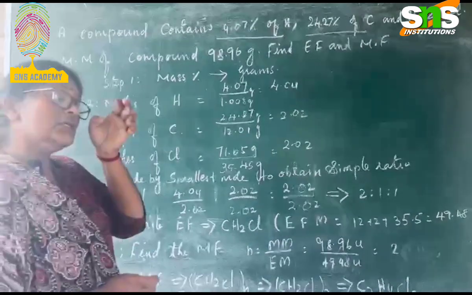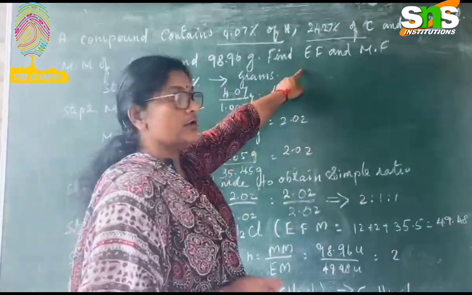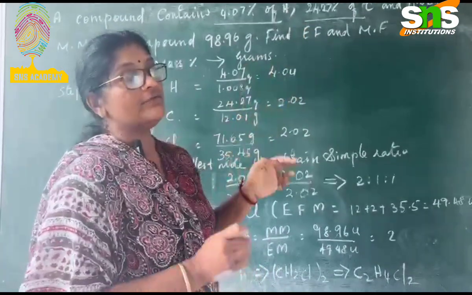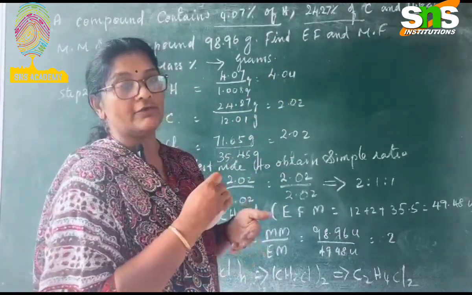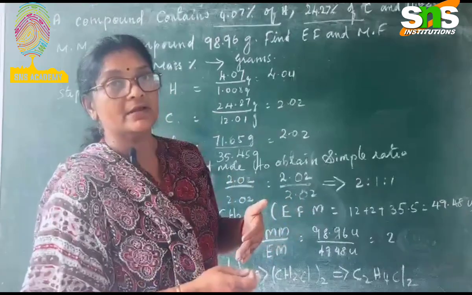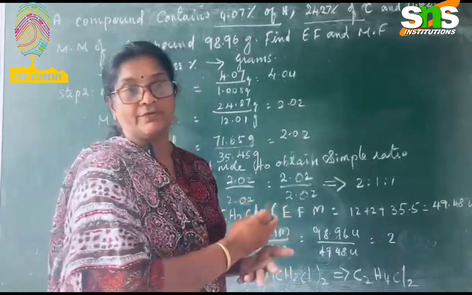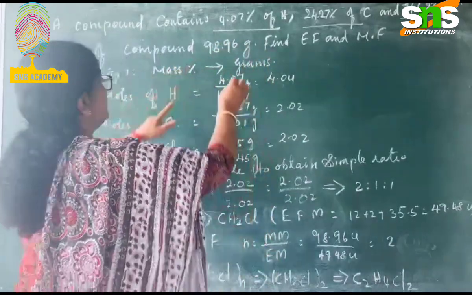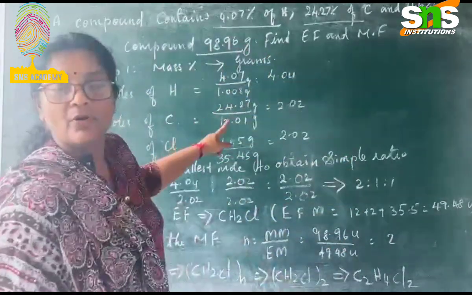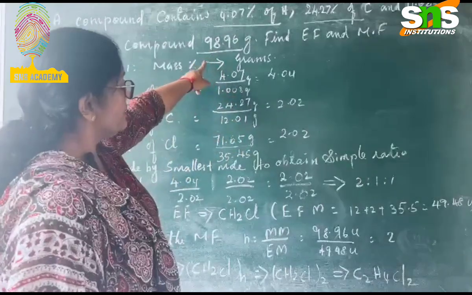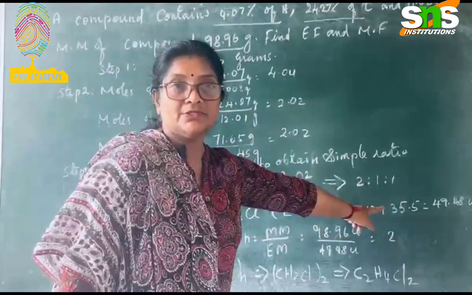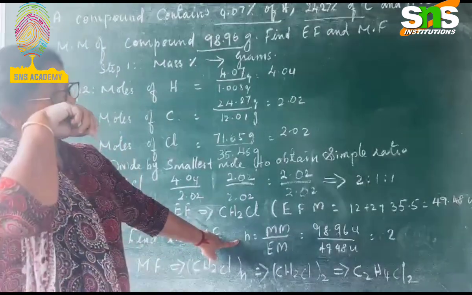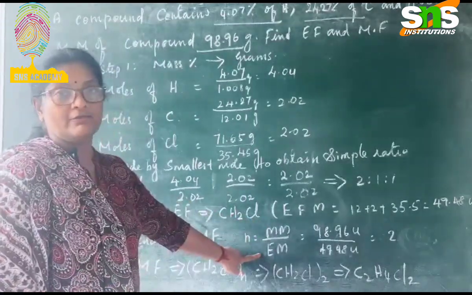So you were able to calculate the empirical formula mass as 49.48 by using its empirical formula. Now the last task, as we got the empirical formula as per the question, is to calculate the molecular formula, where we know n is equal to molecular mass divided by empirical formula mass, and n will help us to find out the molecular formula of the compound. So as the molecular mass of the compound given in the question is 98.96 gram, you can divide that by the empirical formula mass which is 49.48, that gives n, because n is the ratio of molecular mass to empirical formula mass.